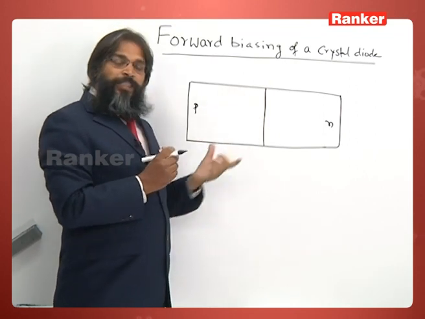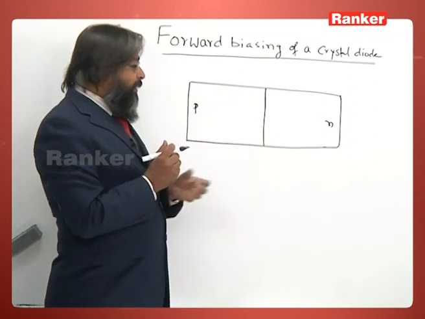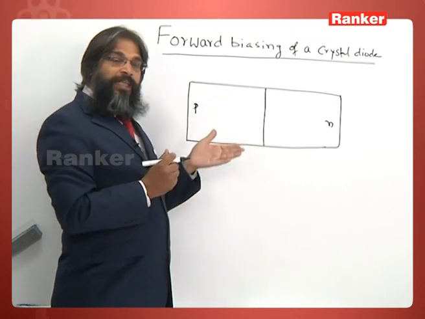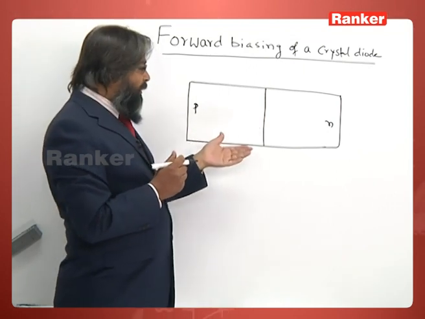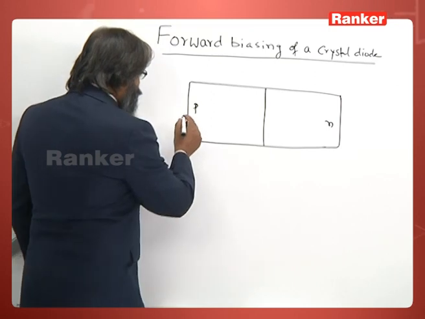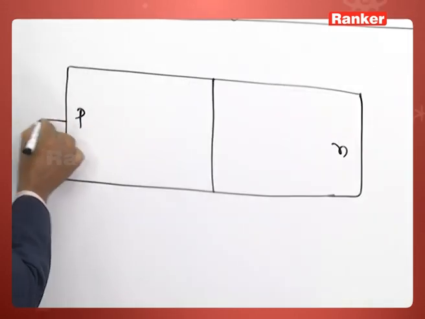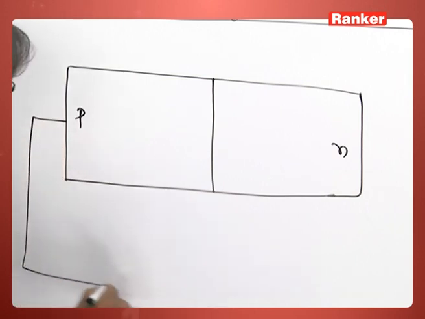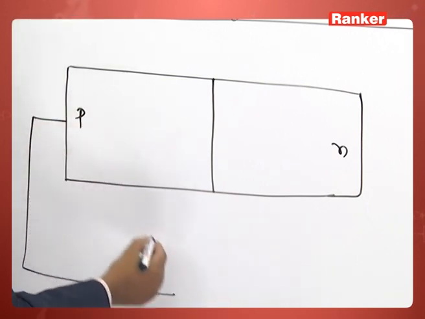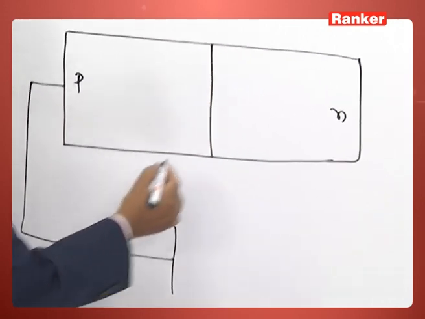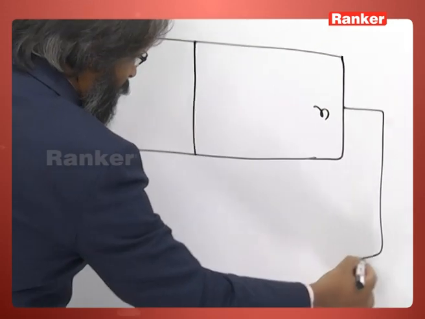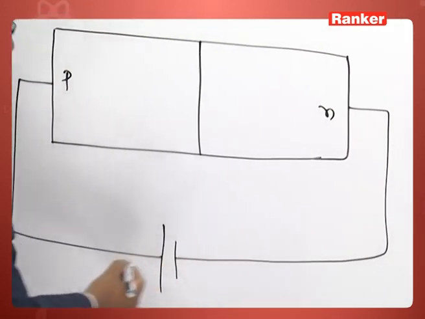When we bias this PN junction, then the equilibrium between the diffusion current and the drift current is disturbed. Suppose let us first take the case of forward biasing. Forward biasing means we connect the P side with the positive terminal and N side with the negative terminal of an external cell.